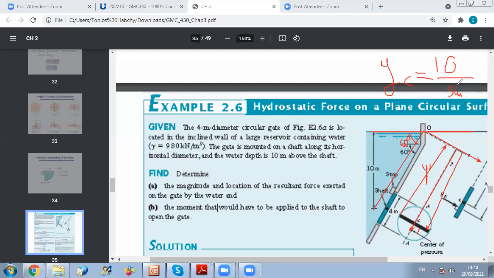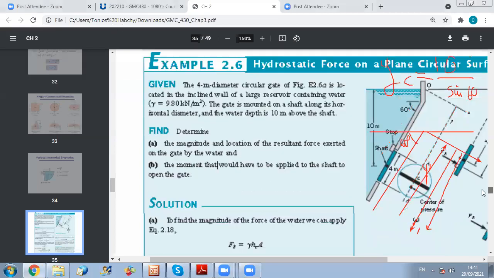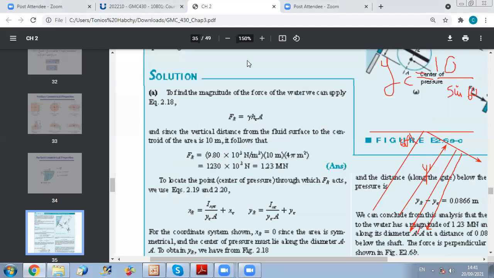Now you should add to this term the distance between C and the center of pressure. We have seen together that the expression of this distance, for the case of negligible P0, can be calculated as Ix over Yc times A. We already found the value of Yc. A is the area of our surface.